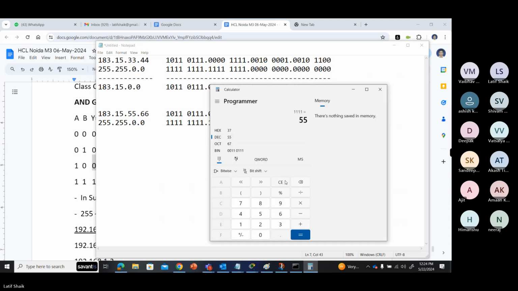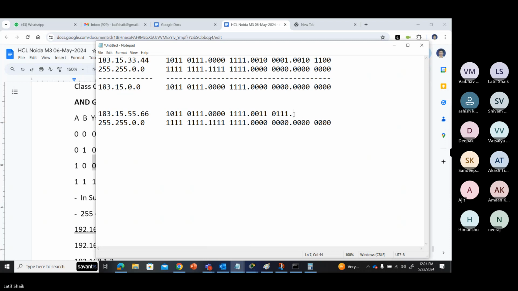Now we have to calculate. Anyway, this part is the same, so the same output comes.